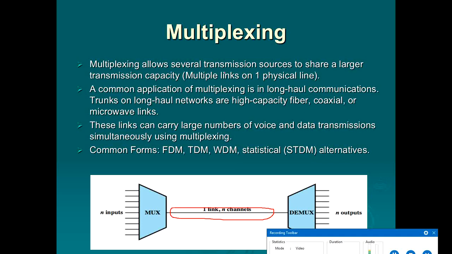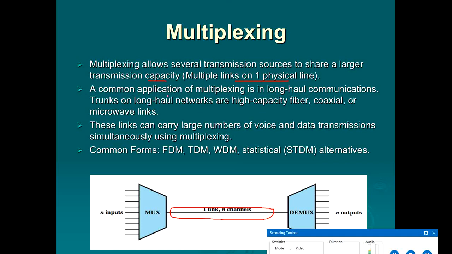So let's read it. Multiplexing allows several transmission sources to share a larger transmission capacity. We need multiplexing because our transmission medium has a limited capacity. There are many constraints on the transmission medium, and moreover the transmission medium is shared among the various users. So we have multiple links on one physical line.